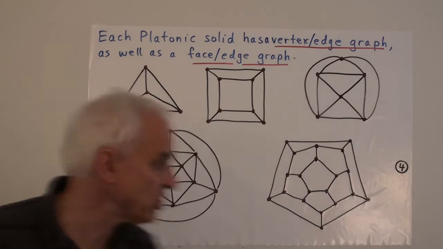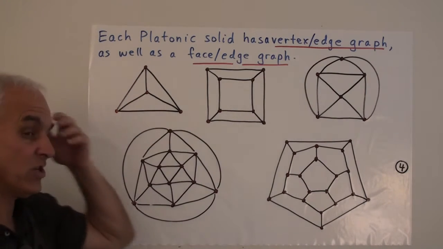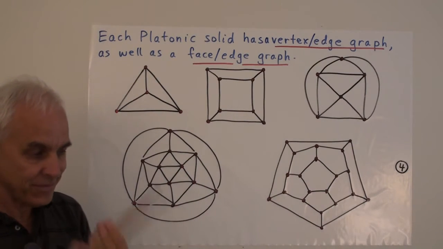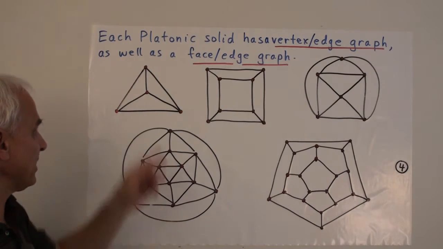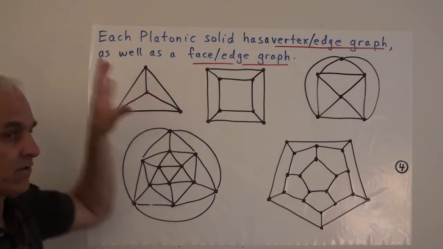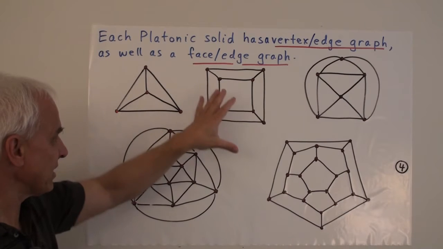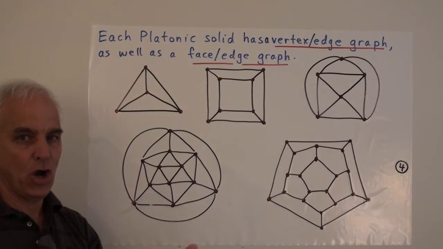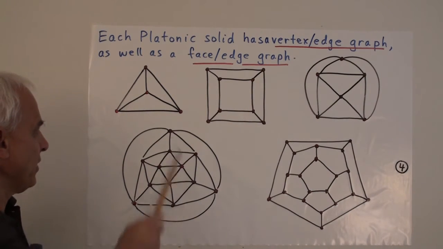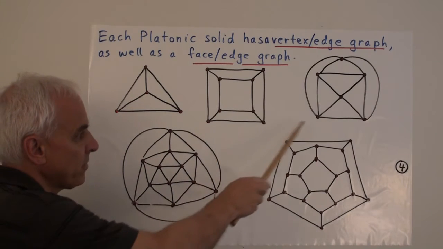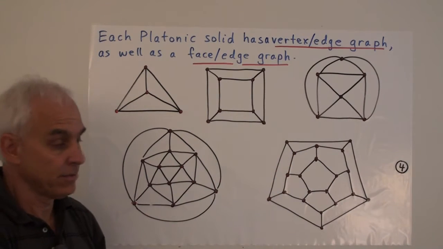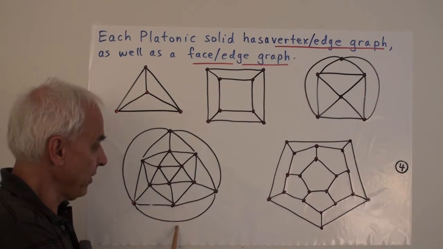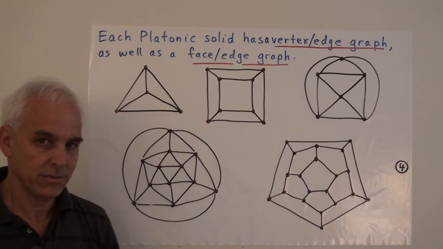And the actual position of things on the page isn't really that important. Officially, the only thing really that matters is the set of vertices and the set of connections. So each one of these is just a representation of the graph. Here's the tetrahedron, here's the cube, here's the octahedron, there's the icosahedron, and there's the dodecahedron.